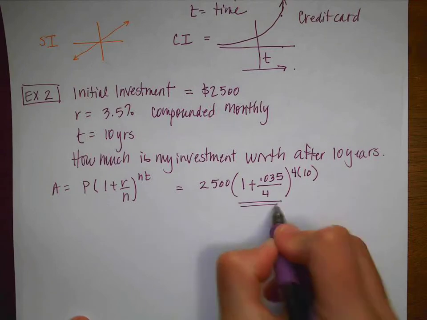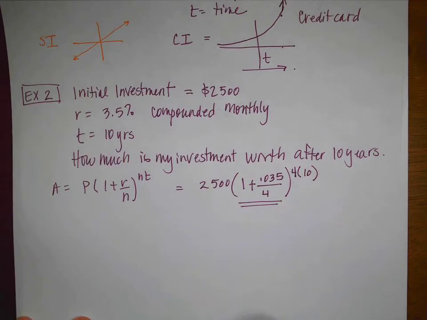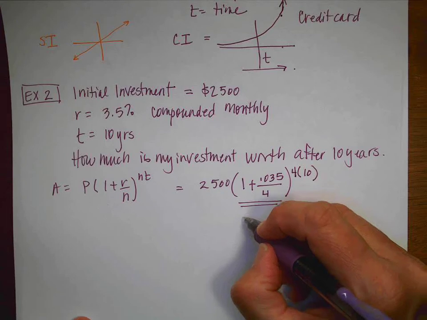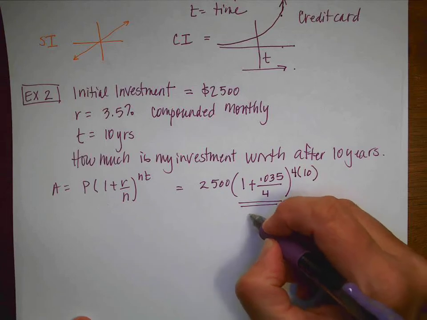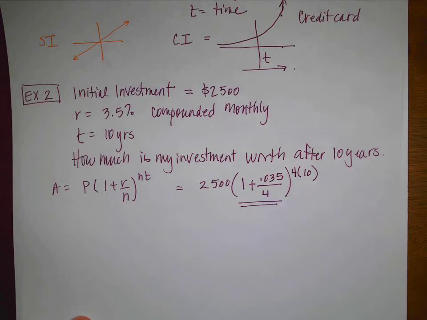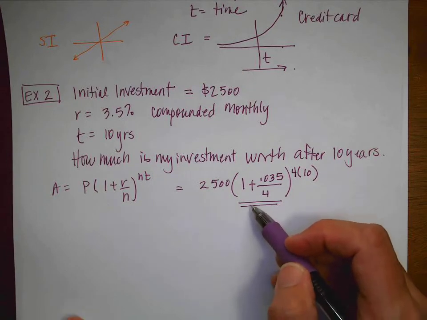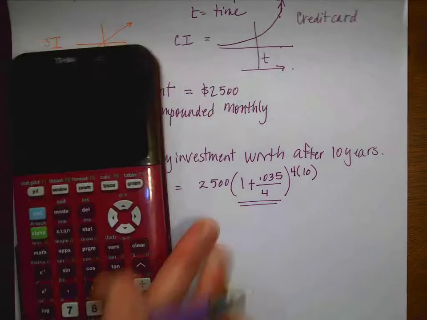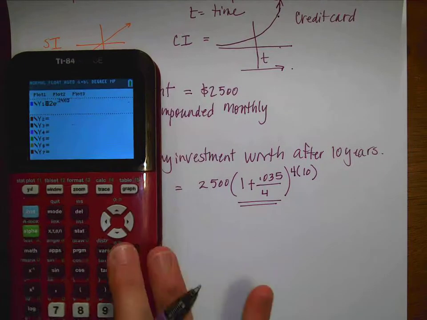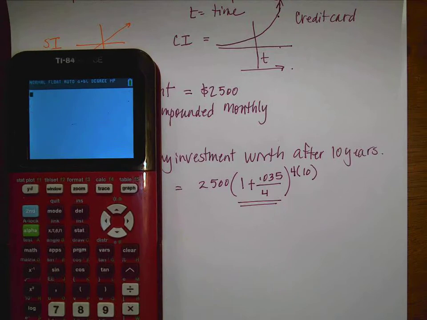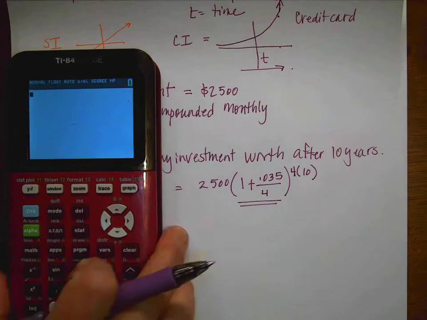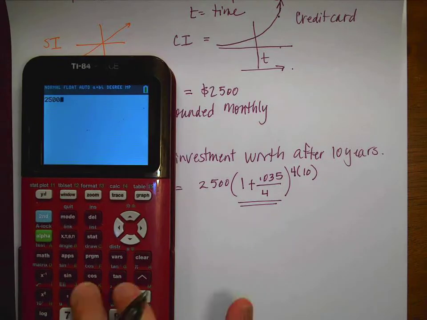One of the biggest mistakes in this particular method is that a lot of people like to do this in steps on their calculator. If you do, you will get a problem wrong because this is an exponential function and you're generating a lot of error. So when you put this in your calculator, I'll just show you. I'm going to quit and clear. You should always do it in one step.